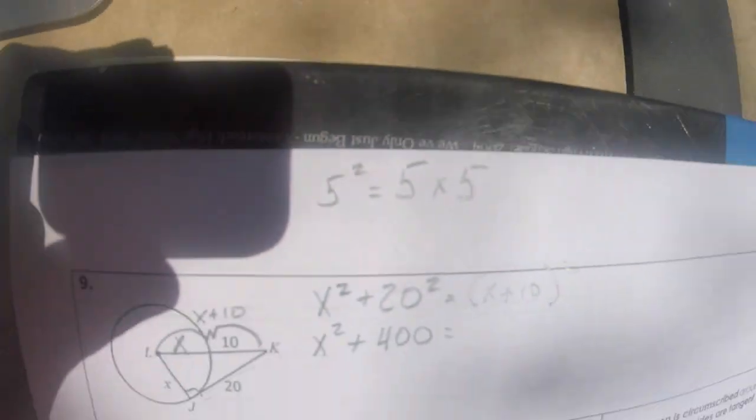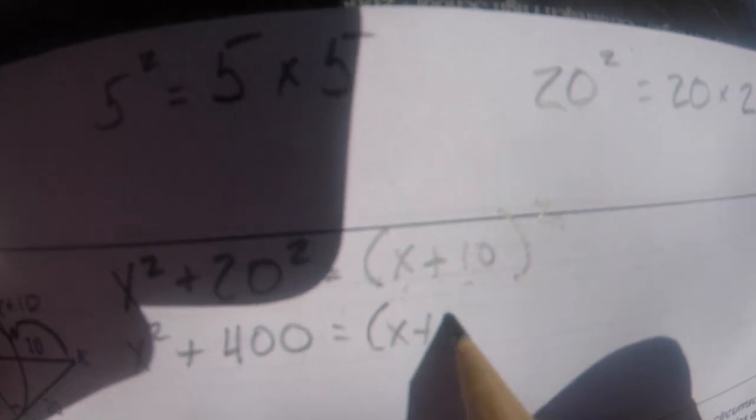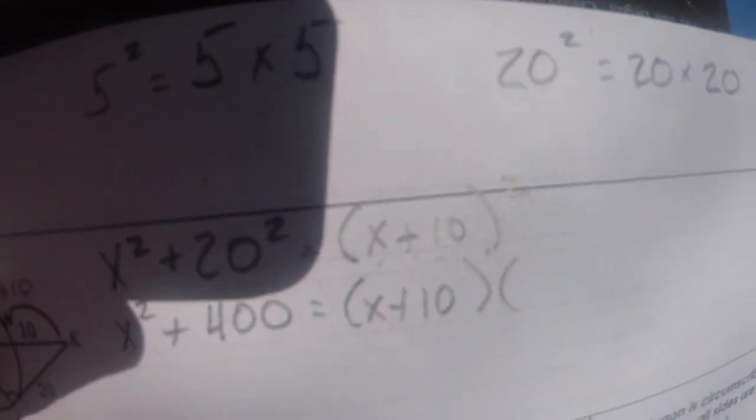You're doing 5 times itself, right? What if I had 20 to the second power? You're not doing 20 times 2, you're doing 20 times itself. So when you're doing x plus 10 squared, you're not doing x plus 10 times 2, you're doing x plus 10 times itself, x plus 10.